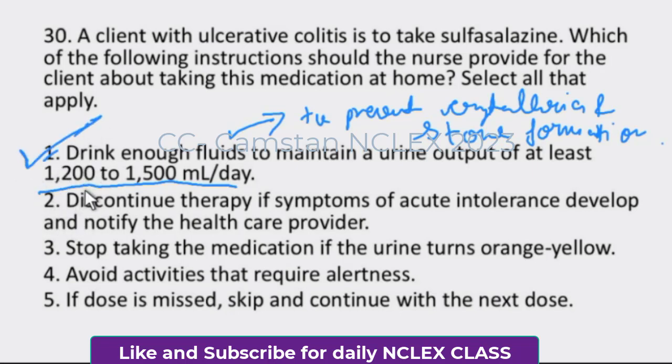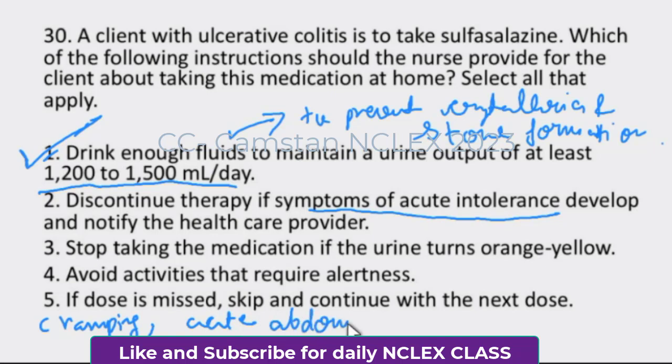Now read the second one. Discontinue therapy if symptoms of acute intolerance develop and notify the healthcare provider. Right. Before starting, what are the symptoms of acute intolerance? The symptoms are, I will write them here: cramping, acute abdominal pain, bloody diarrhea, fever, headache, and rash.